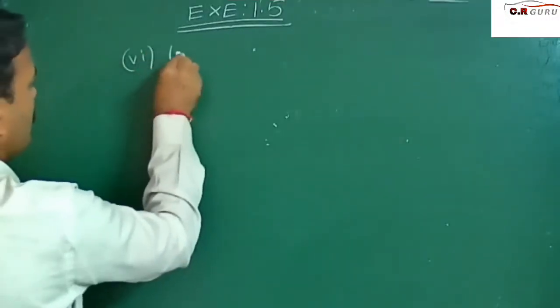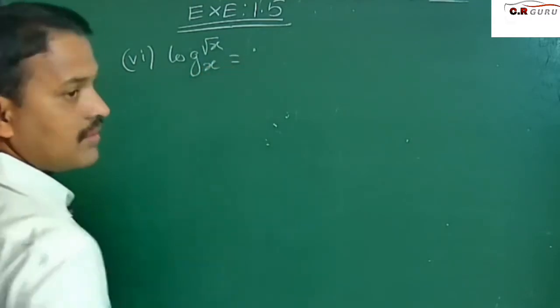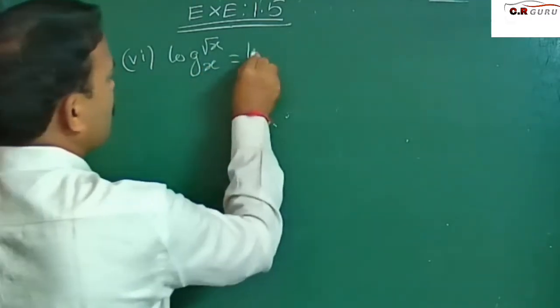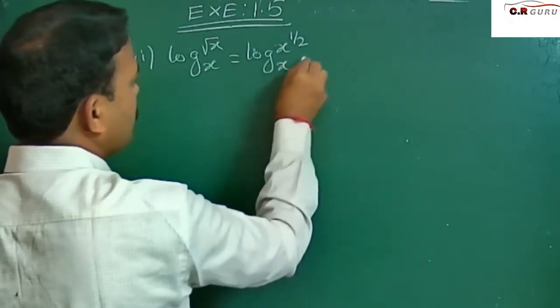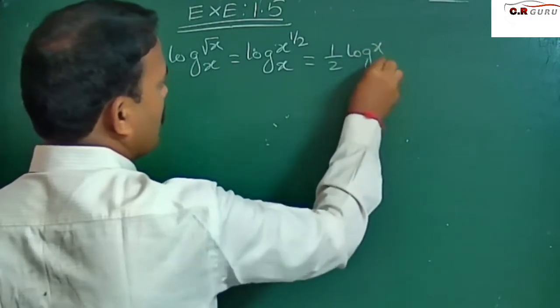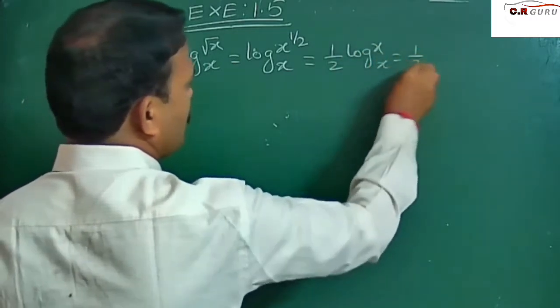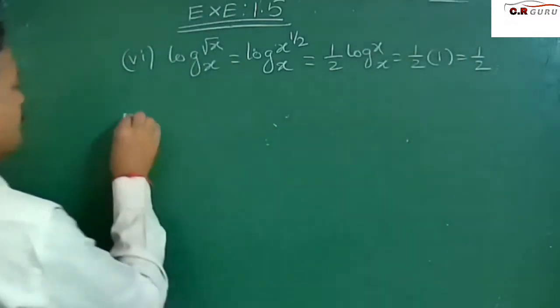Next I am going to explain the sixth sum. Log of root x base x equals log of x power of 1 by 2 base x, equals 1 by 2 into log x base x, which is 1 by 2 into 1, that is 1 by 2.